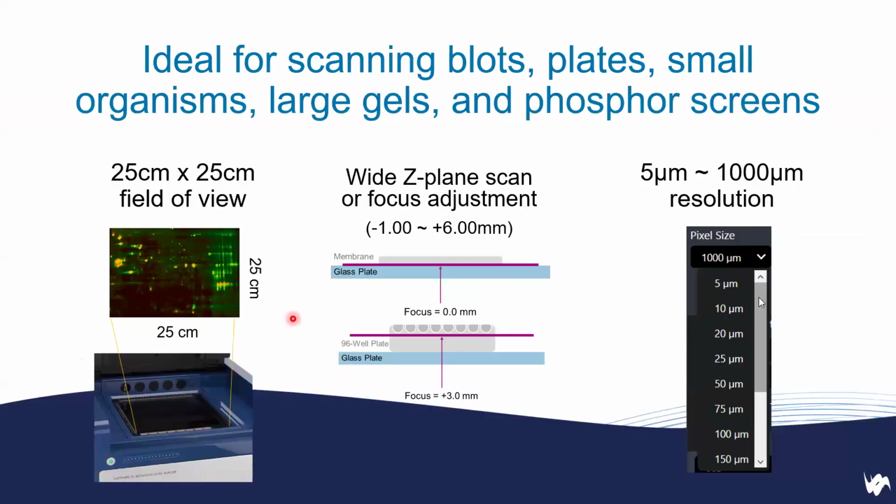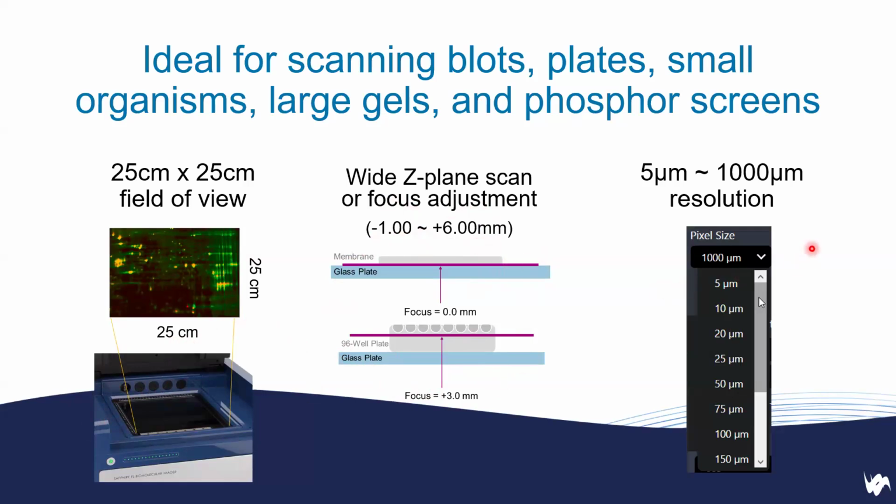Okay, so next, let's look at other specs of this Sapphire FL. As I mentioned before, Sapphire FL has a 25 by 25 cm field of view, so you can put something like a 96 well plate or 6 well plate, it's up to you. We also have a wide Z plane scan or focus adjustment from -1 up to 6 mm, so you can accommodate anything from membranes and gel plates up to small animals.